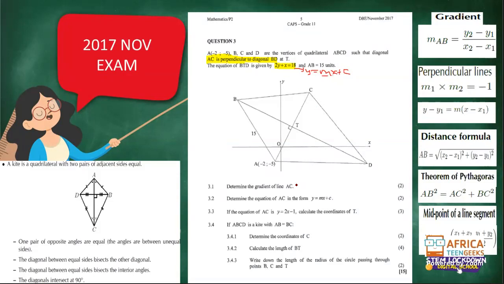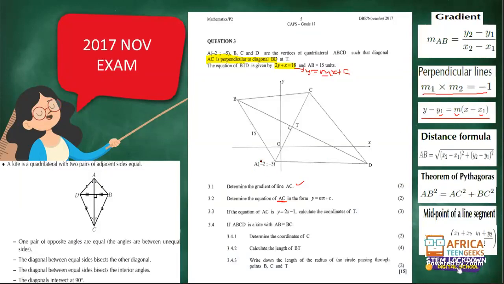So we managed to get the gradient and, using the product of perpendicular lines, which is -1, then to determine the equation of AC, even if you don't have your y-intercept, you can just use this equation because you just need your gradient and a point.